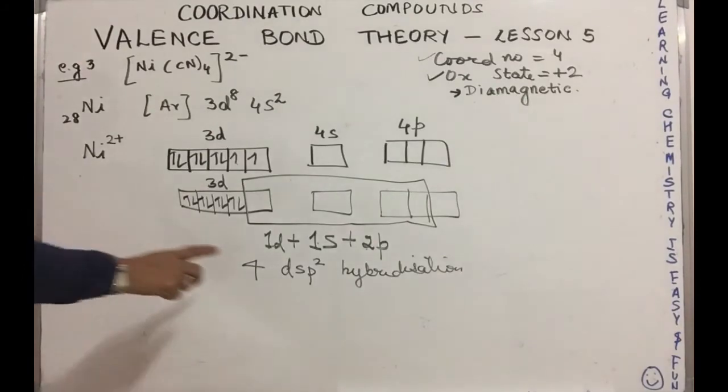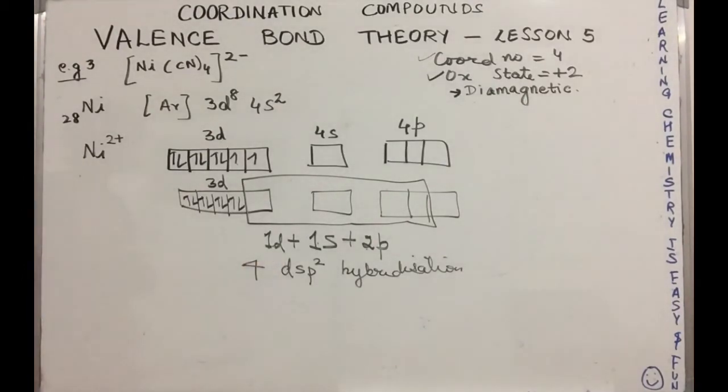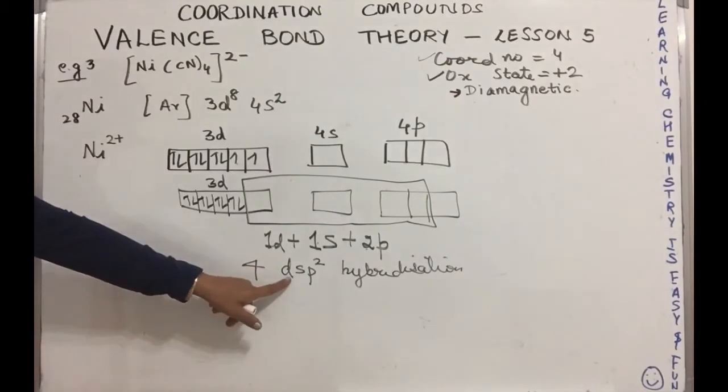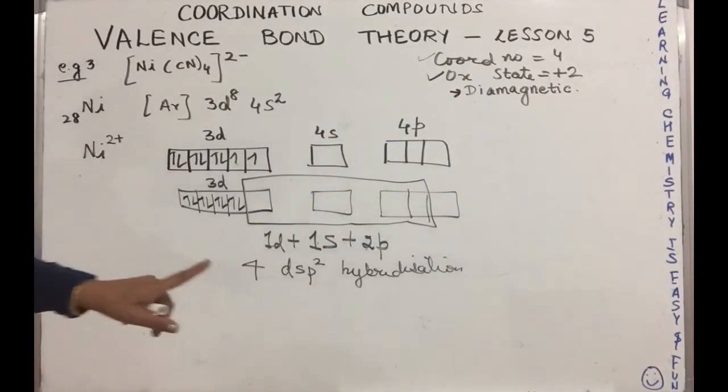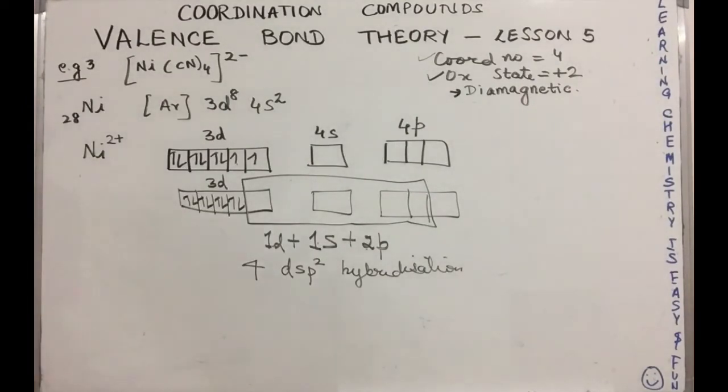Now dsp2 hybridization means the shape is not tetrahedral. Why is it not tetrahedral? Because we are involving d orbitals as well. You know that the energy of the d orbital is slightly different from that of s and p. We have done it in the topic on atomic structure.